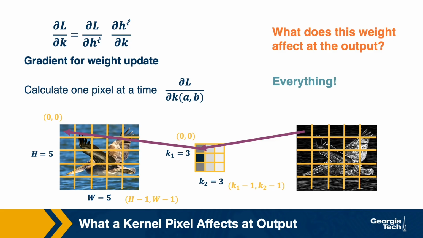And so there's another outgoing edge where now we're multiplying w of 0, 0 with x of 0, 1. And that gets contributed to the output of y of 0, 1, and so on. As we continue to do this, if you think about it, that one kernel pixel is affecting the entire output. If we change that one kernel pixel, it'll actually change the entire output map, at least by a little bit.